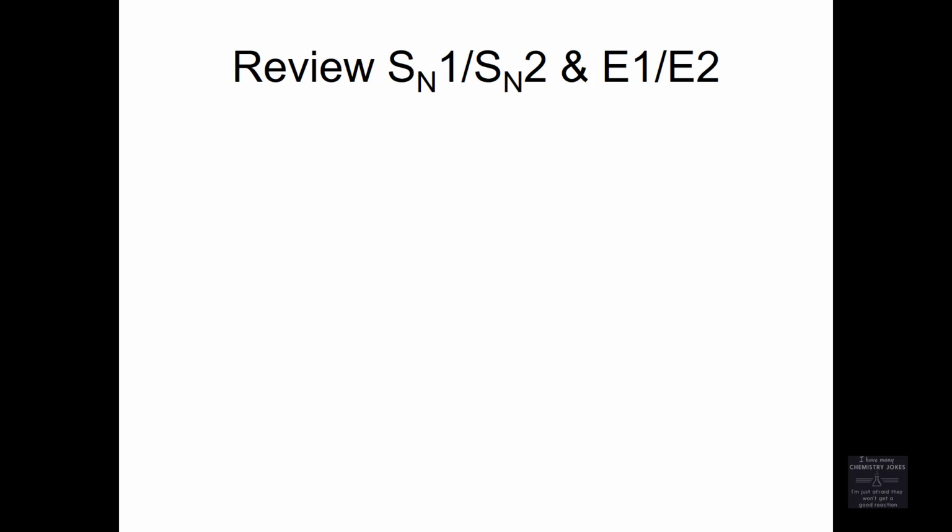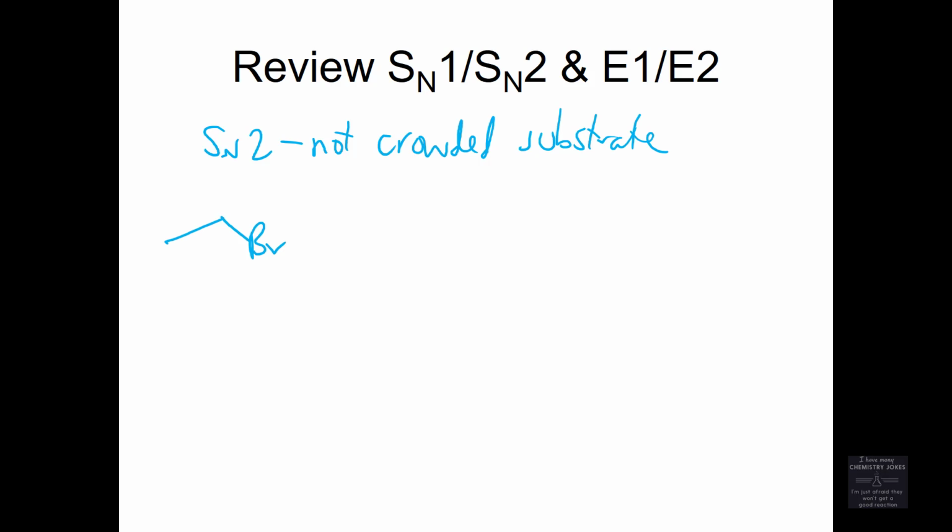So, I'm going to take a quick minute to recap what SN1, SN2, E1, and E2 are with alkyl halides as a substrate. SN2, you need a not crowded substrate. So we could think of something like that alkyl halide.